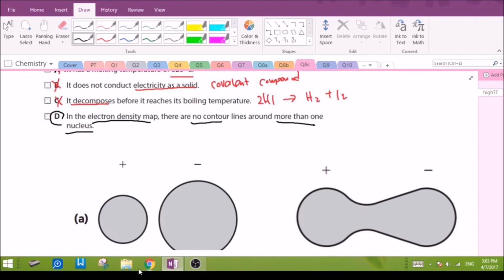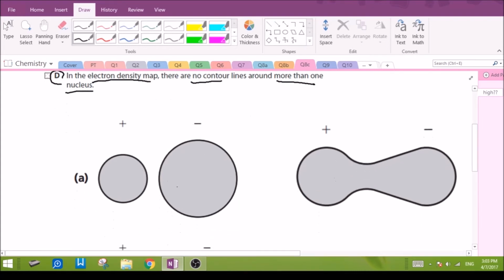An electron density map basically tries to map out the location of the electrons at any point in time, and in extreme cases, we might get the diagram on the left side, where the positive nucleus has the electron density, the locations of the electrons around it at any time, and then the negative ion and its nucleus, with the positions of the electrons around its nucleus.